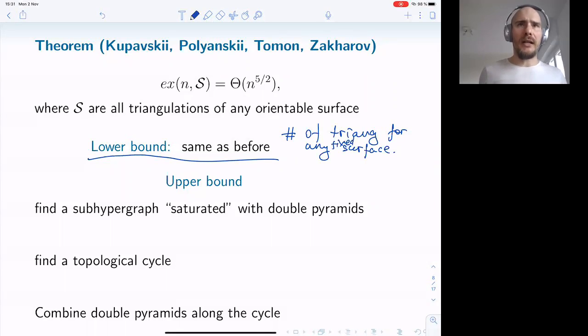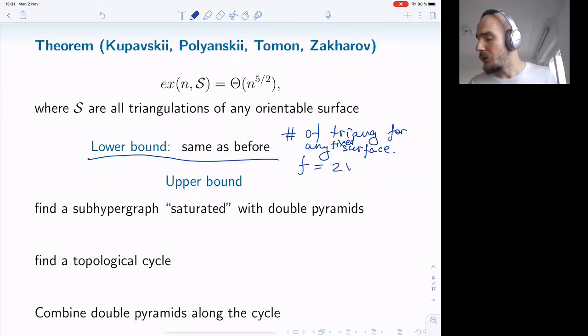And this was done more or less, to the precision that we need, so we use a generalization of that result. And again, there is an analog of Euler's formula, which is actually even more advantageous for us in this context. For the torus, for example, the thing that we need is that F is equal to 2V. So the number of edges becomes bigger.